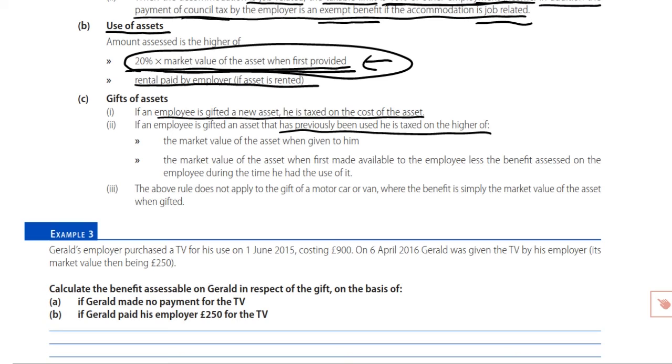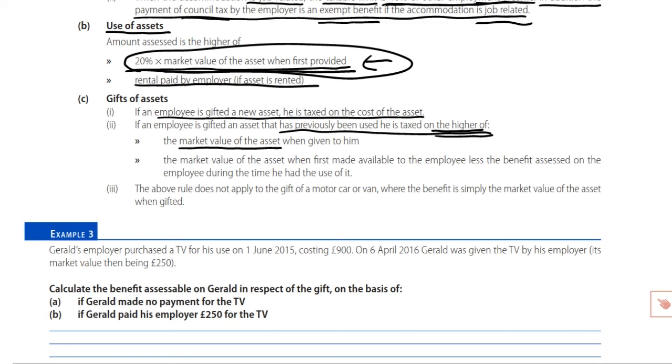Right, we now need to pick up from the information in the question the higher of two figures. That is, one that must simply be given to you, the market value of the asset when given to the employee. That's simple enough, it's given. But there is then one of these two things that need to be established that you need to compute for yourself. And this is where the work goes in.